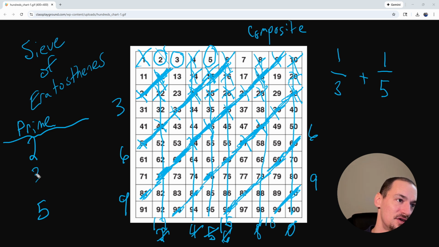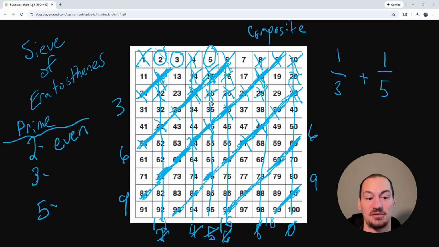So obviously 3 is a prime number, and now that we've got this list over here, not only do we need to know what the prime numbers are, we need to be able to detect their multiples easily. And it's pretty easy to do with 2. It's just, are they even numbers? And if they are, that means they are composite because they are multiples of 2. With 5, are their ones digits 0 or 5? And if so, then they're multiples of 5.